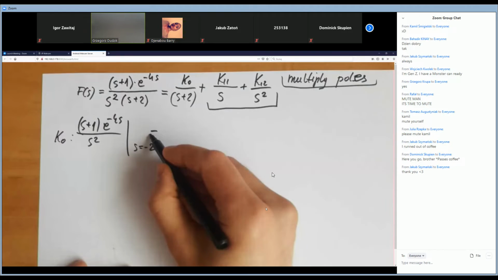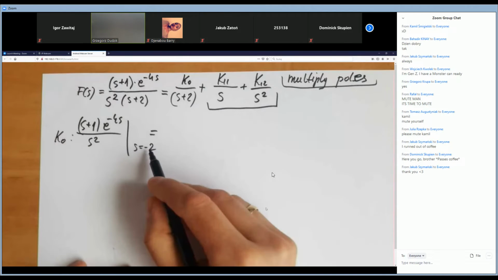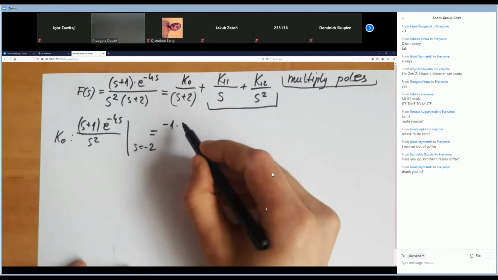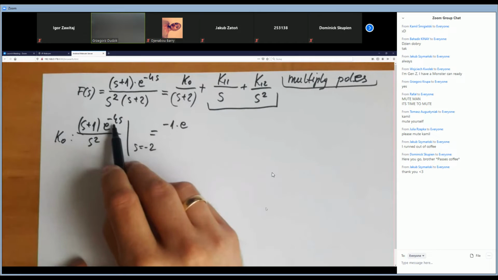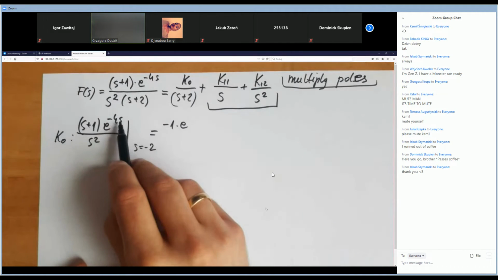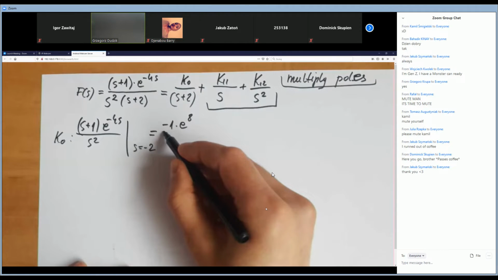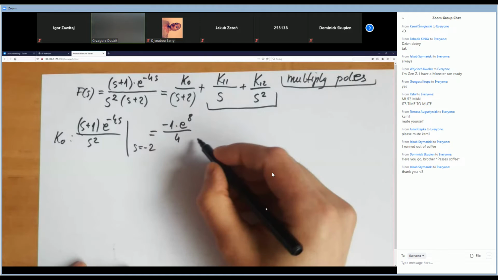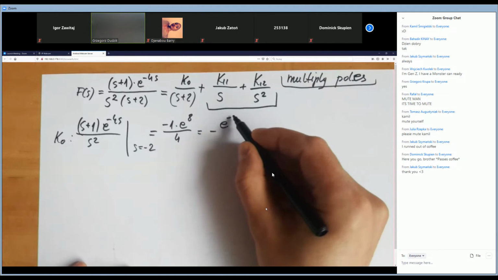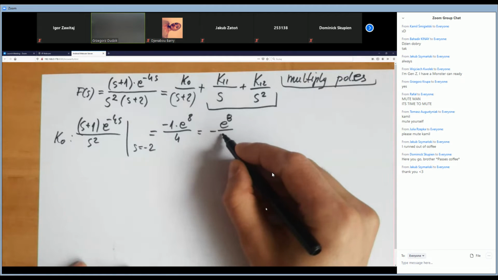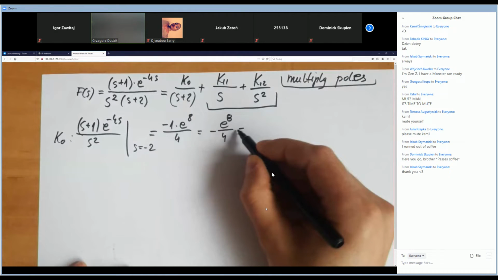If we substitute s by minus 2, it is minus 2 plus 1, which is minus 1, times e to the power of minus 4 times minus 2, which is 8, over s squared, which is 4. So it is minus e to the power of 8 over 4. This is k0.